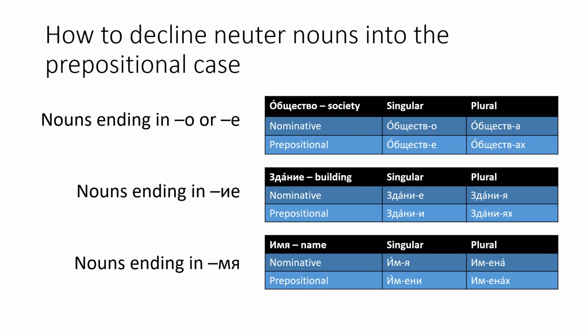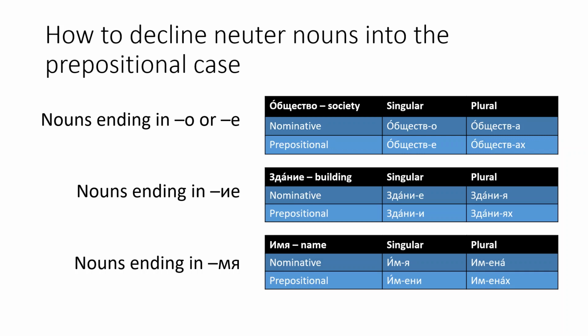So anything that ends in ye already, such as morye, that just stays the same. Morye, v morye. So here we have общество, which goes to обществе, в обществе, meaning in society. And then in the plural, it has that regular ach ending, в обществах, in societies.